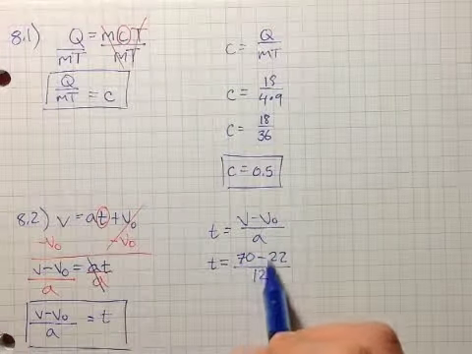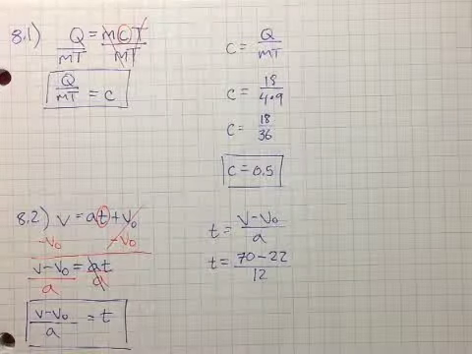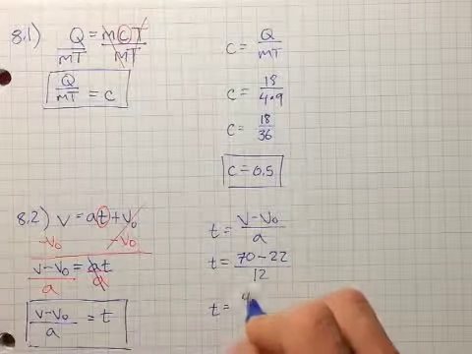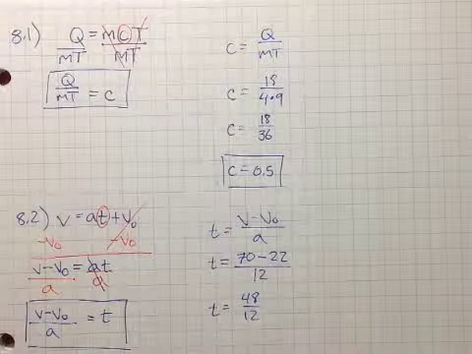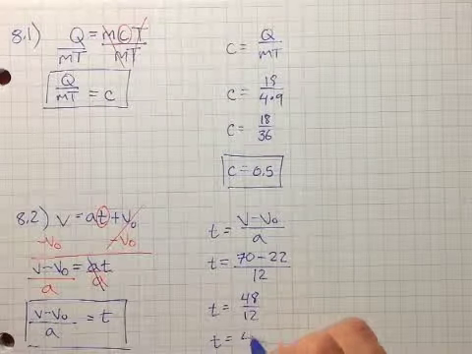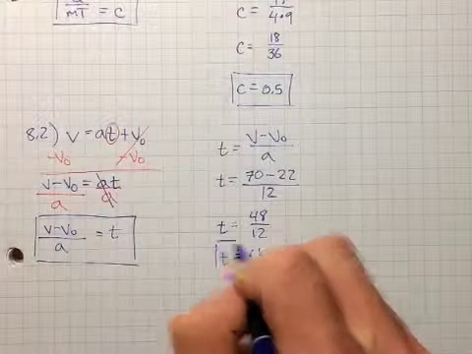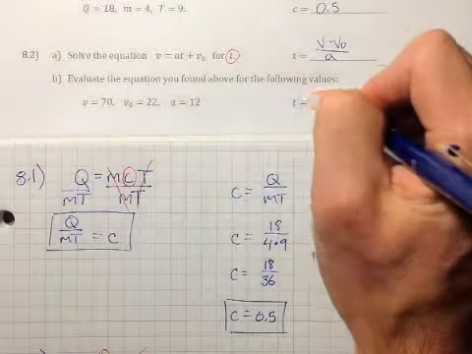So, 70 minus 22 is 48, so T is equal to 48 divided by 12. 48 divided by 12 is 4. Okay? That's it. Circle that bad boy. So, when the other variables have those values, T has a value of 4.